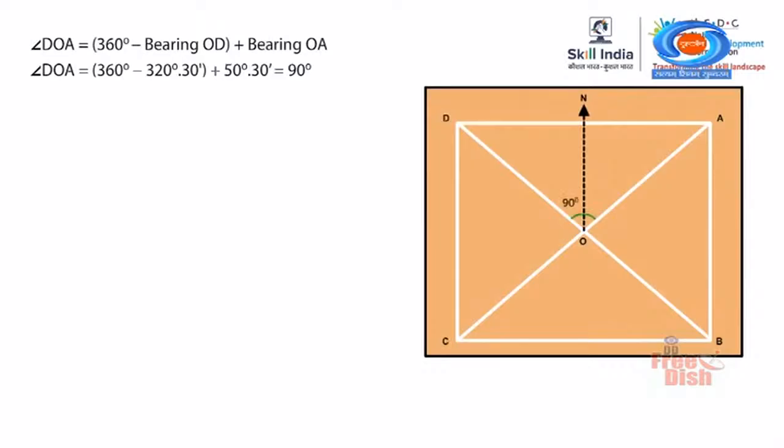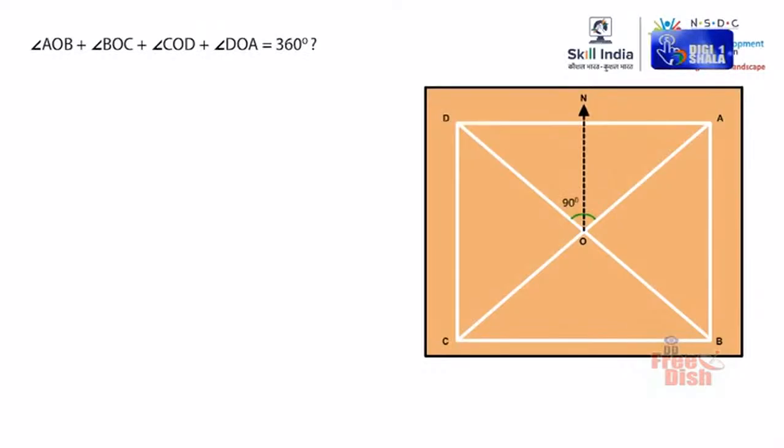which is equal to 90 degrees. To check whether the angles calculated from the bearings are correct, you must add them up and see whether they add up to 360. So let us add angle AOB, angle BOC, angle COD and angle DOA.